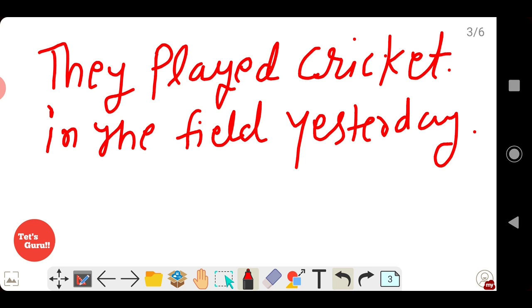Try to speak again and again. They played cricket in the field. I played cricket in the field yesterday. You played cricket in the field yesterday. Very easy. Let's get to another example.